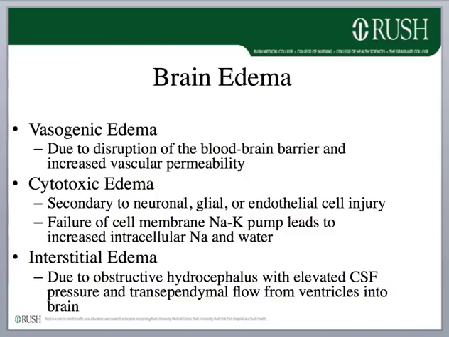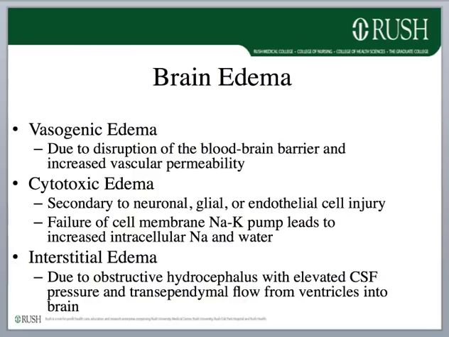Vasogenic edema is an increase in extracellular fluid that's caused by disruption of the blood-brain barrier and increased vascular permeability, and this allows shift of fluid from the intravascular compartment into the intercellular spaces of the brain. The brain does not have a very developed lymphatic system, and so this greatly impairs resorption of excess extracellular fluid.